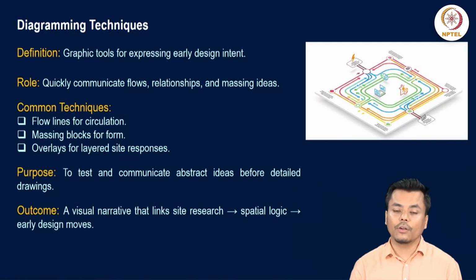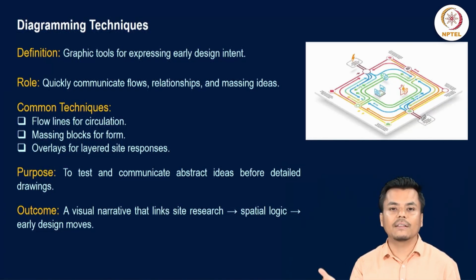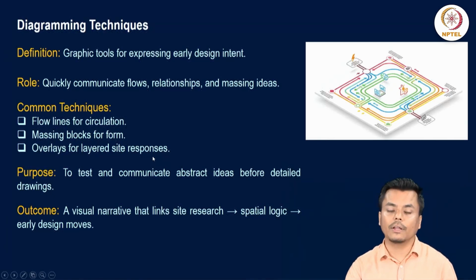That sometimes provides a shape to the building or to the blocks that we can think of for the project, so this gradually builds up the form of the building. It also allows you to do massing for the blocks, and overlays for layered site responses based on the findings. These are the techniques based on which you can evolve design ideas for your project.